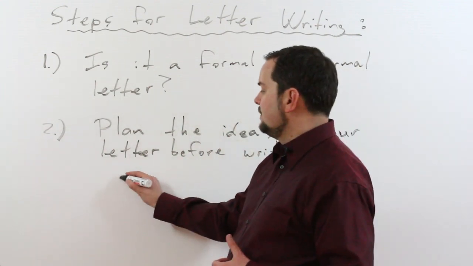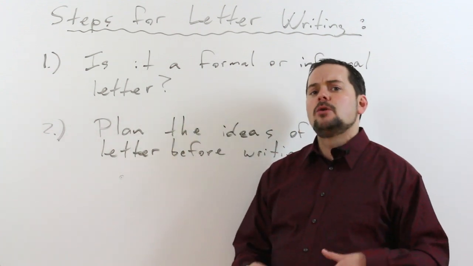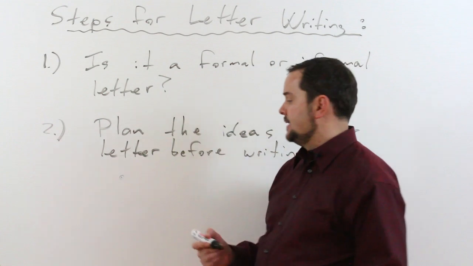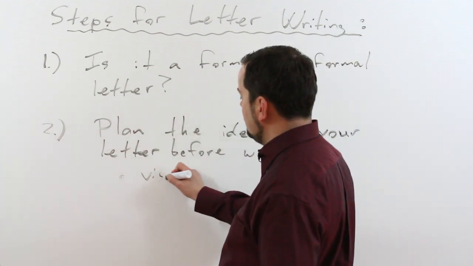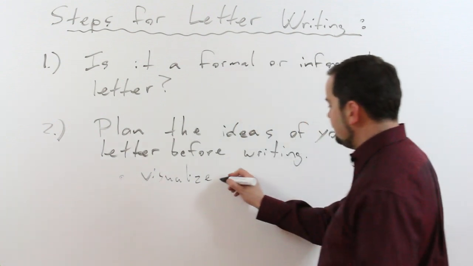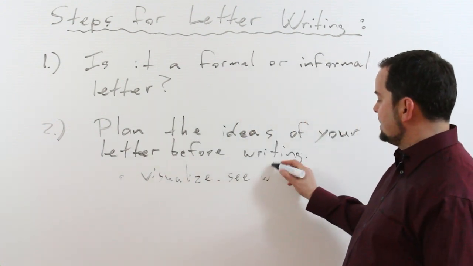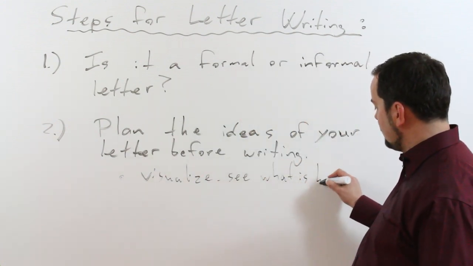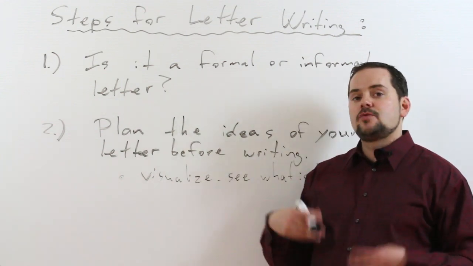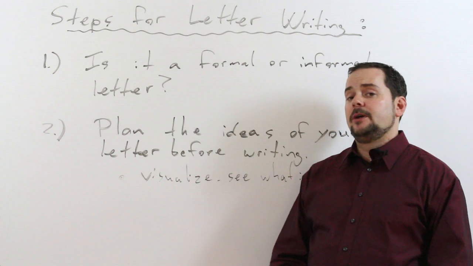To plan the ideas of your letter, visualize. So close your eyes if that helps, and try to see what is happening. Again, in the structure and content, I said think about W questions.